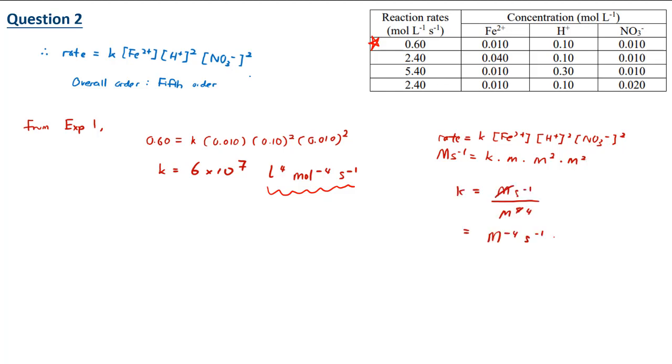To substitute back mole per liter, you just insert it into the bracket, and then it becomes L raised to power 4, mol raised to power negative 4, and s raised to power negative 1, which is the final answer in this case. Remember that the unit of k is important. You need to put it in your final answer.